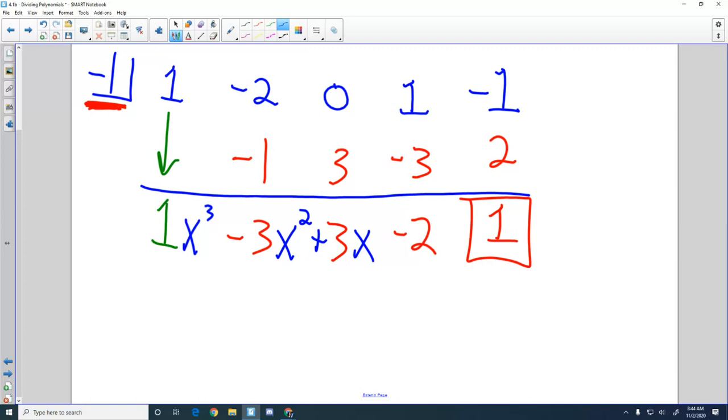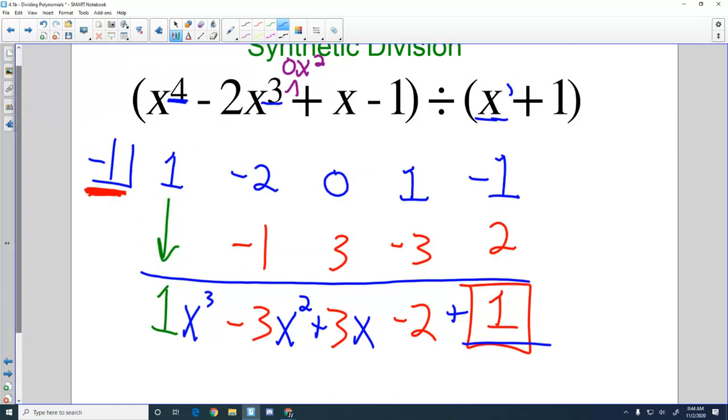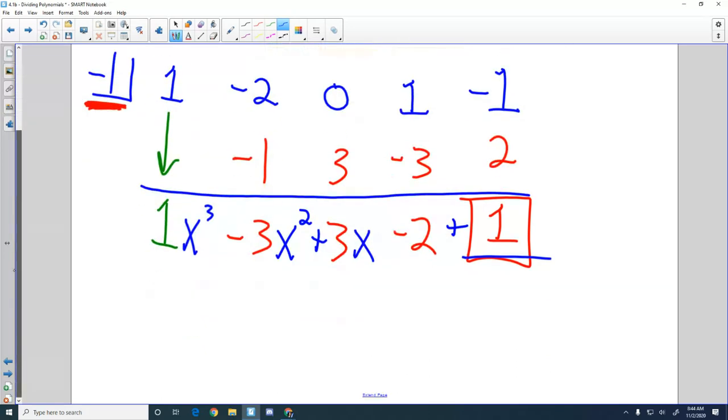Boom. So plus the remainder. What do we always put the remainders over? Not the special number, but what did we originally divide by? Yeah, we originally divided by x plus 1, so that would go underneath that remainder, over x plus 1.